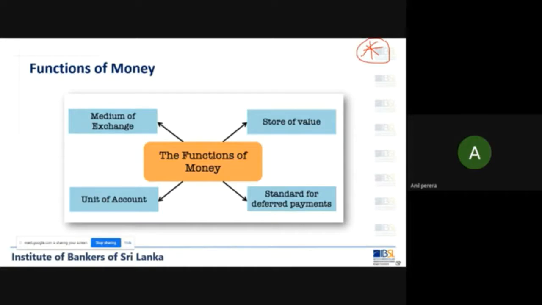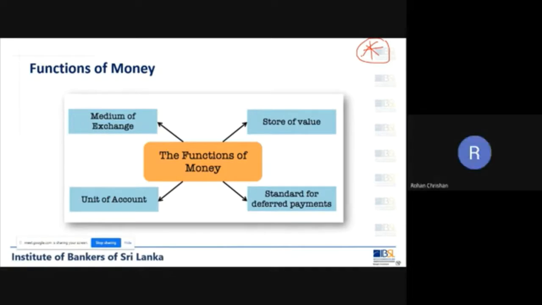Then the third one, QR code. QR code means probably you may have seen a kind of a digital algorithm, a kind of a code derived from the computer. In modern days, you use QR code for payments. What kind of function do you fulfill there?